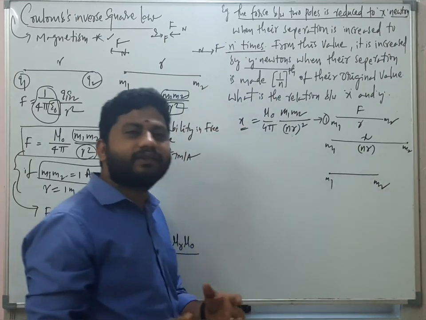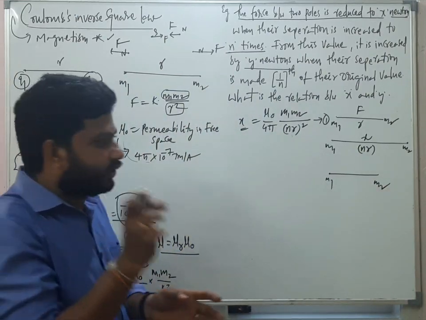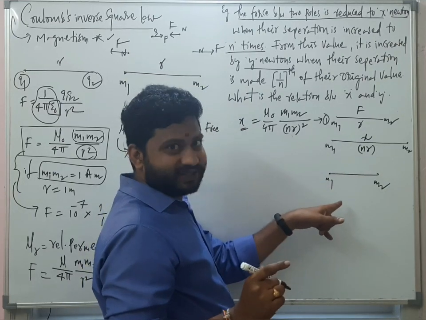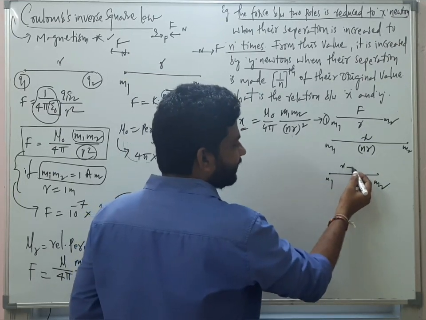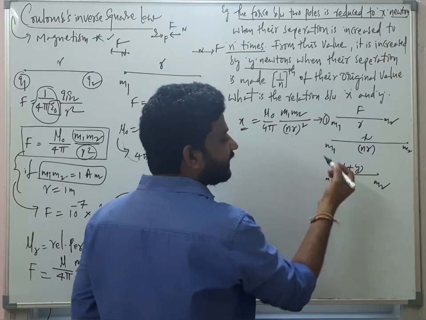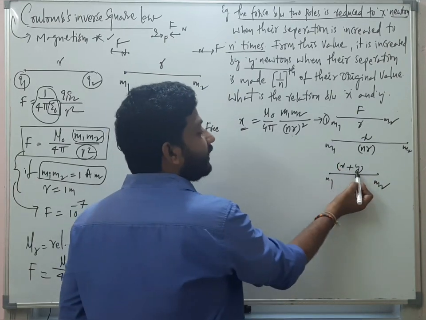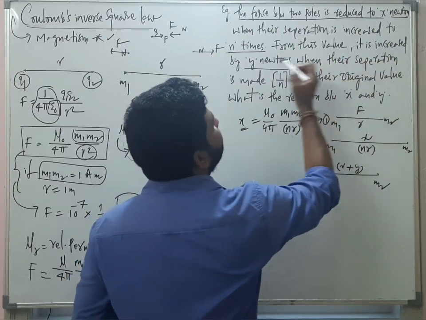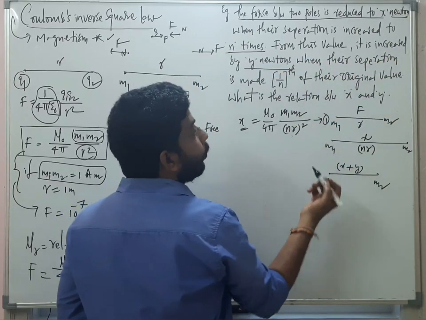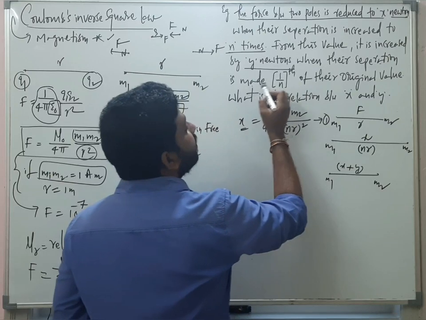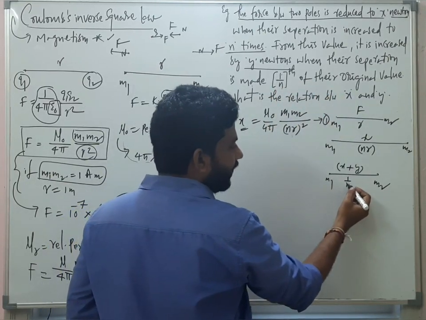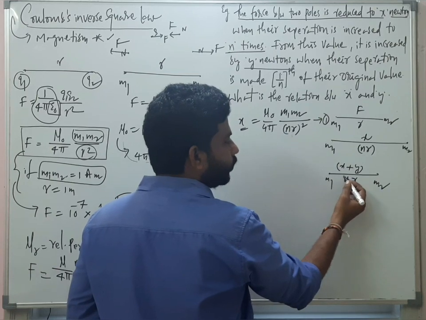See, force will increase when the distance between them reduces. So that is why in the diagrammatic representation also I am representing here. So this is x plus y. The force is increased by y from this value, when their separation is made 1 by n of the original value.